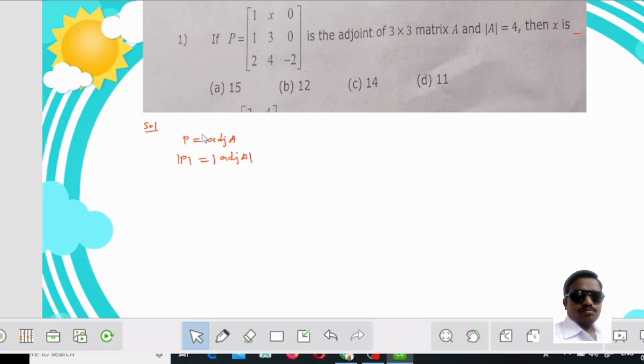You may convert the matrix P into the determinant P. That is determinant of 1, x, 0, 1, 3, 0, 2, 4, minus 2.